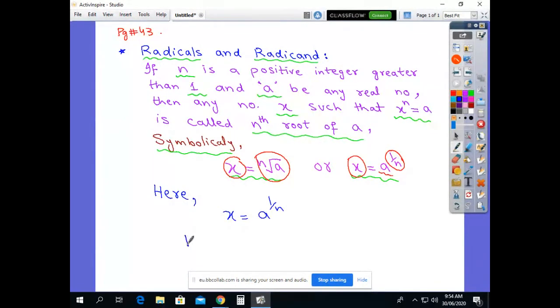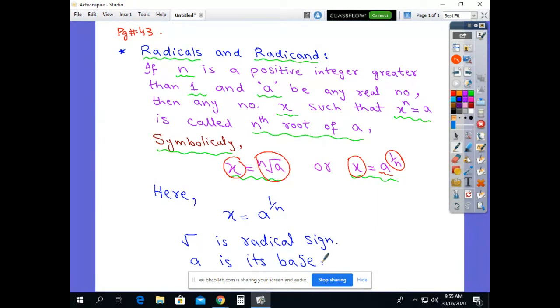This symbol is the radical sign. A real number a is its base.